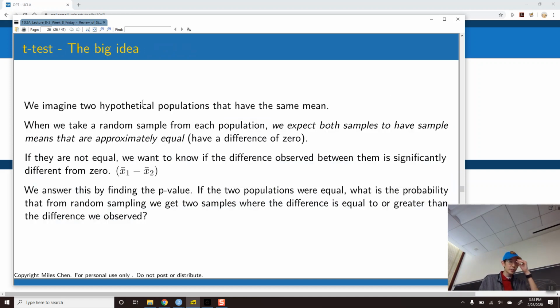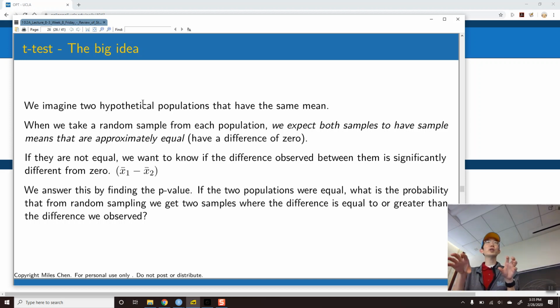For this case, we would do a t-test. Our null hypothesis says that the two populations, the population that produced sample 1 and the population that produced sample 2, have the same mean. So if those two populations have the same mean, when I take a random sample over here and a random sample over here, I expect my two samples to have very similar sample means.